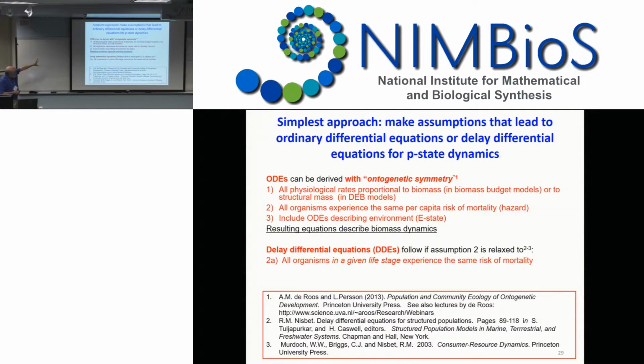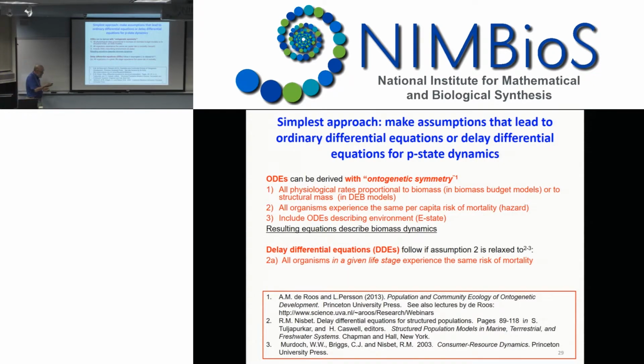Now there are a number of different approaches. Models like the model that Angie talked about yesterday can be derived from properties of individuals if we make the assumption of what the De Roos book calls ontogenetic symmetry, and that effectively says that all physiological rates for individuals scale with biomass, or scale in the same way at least.